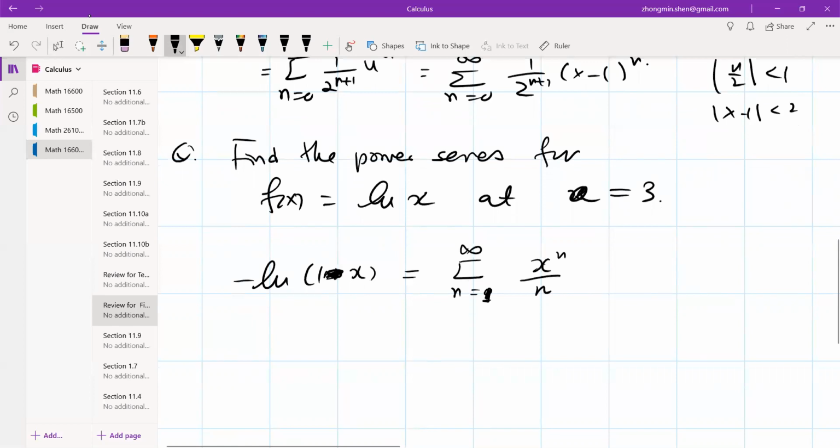We integrate on both sides. When you integrate both sides, the left-hand side gives you negative natural log of 1 minus x. The right-hand side is going to be x to the n plus 1 over n plus 1, but the sum starts from 1, so that's why you change it to the above.